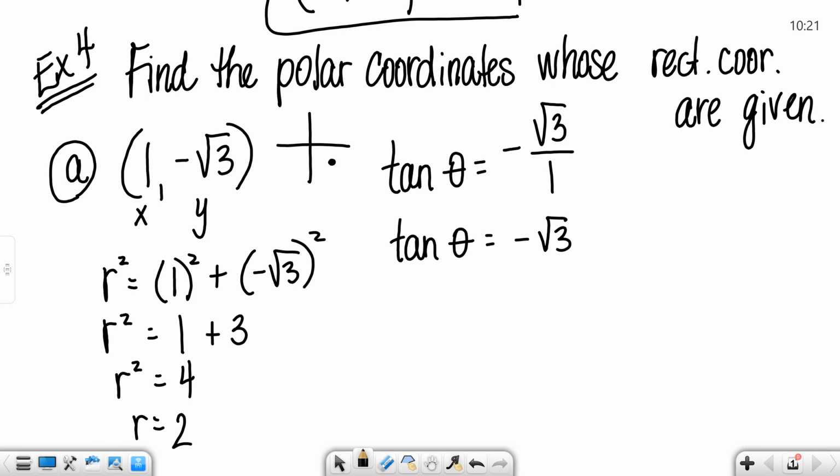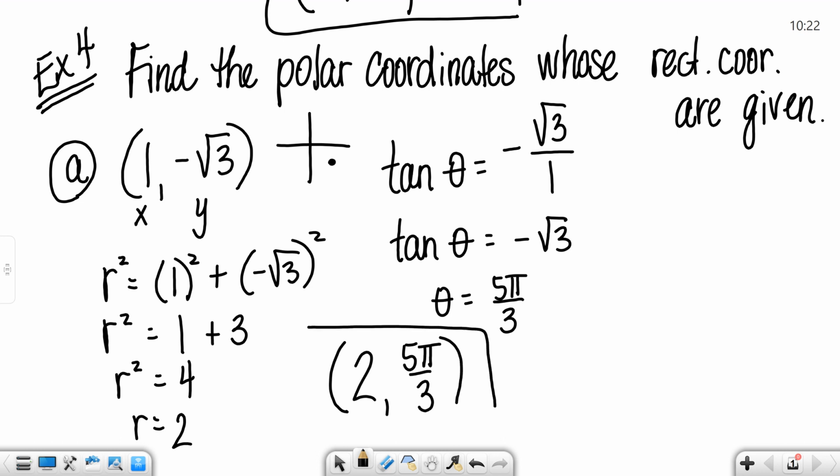So where is the tangent negative square root of 3 on my unit circle? That's what I'm looking for. And that happens at 5 pi over 3. So we've got our new polar coordinates: 2, 5 pi over 3. All right, let's try another one.